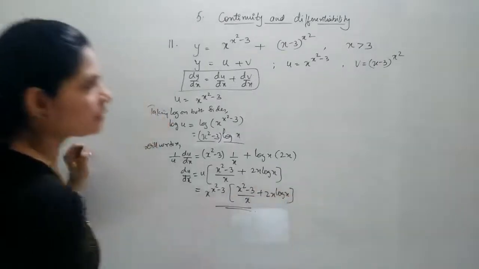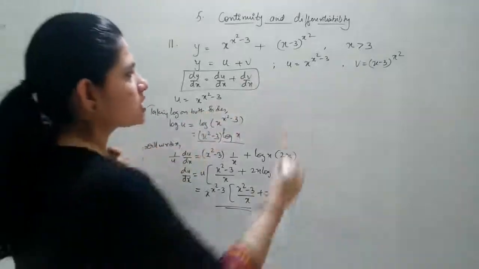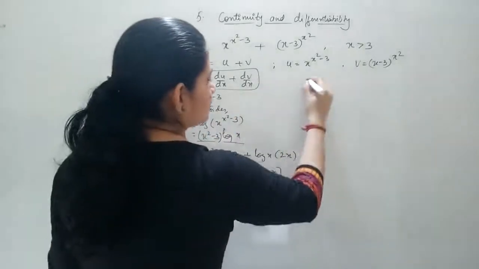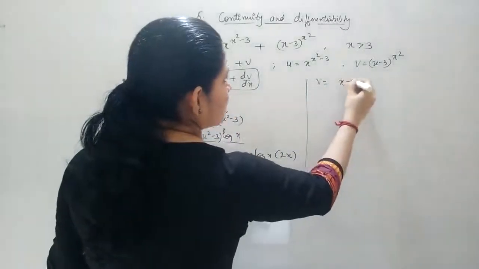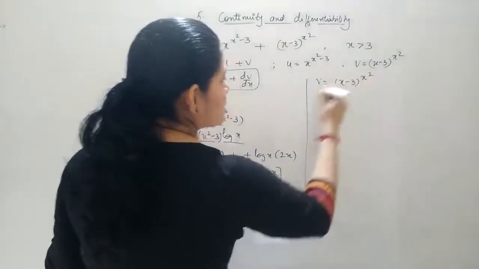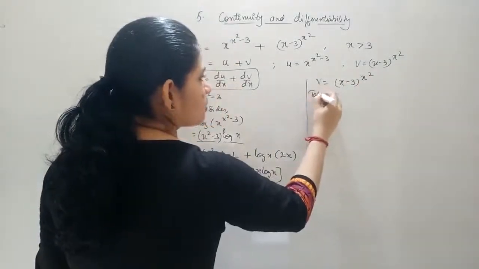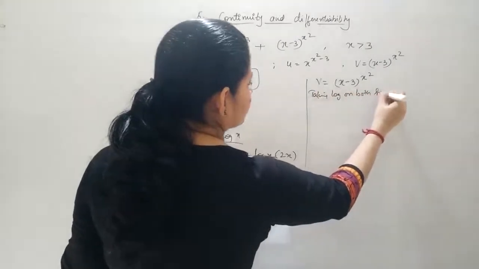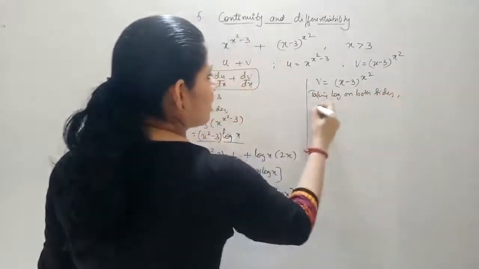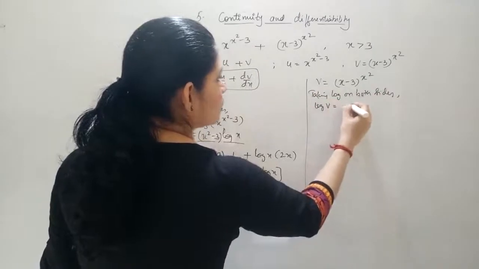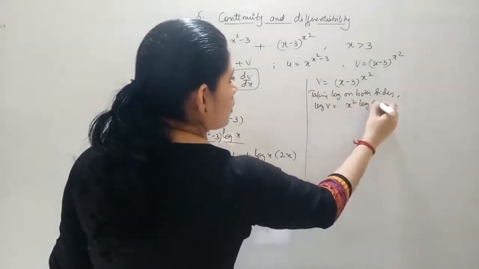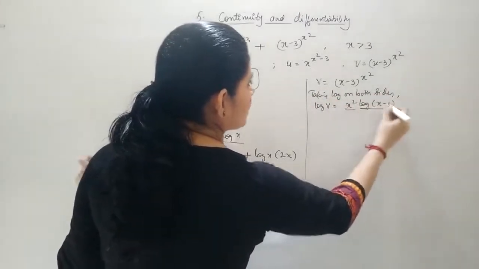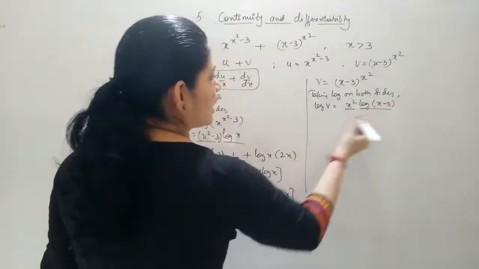You can stop here and go for the second one, which is v is equal to x minus 3 the whole raised to x square. Again taking log on both sides. You have log v is equal to x square log of x minus 3. These are the two terms to be differentiated in the right hand side.